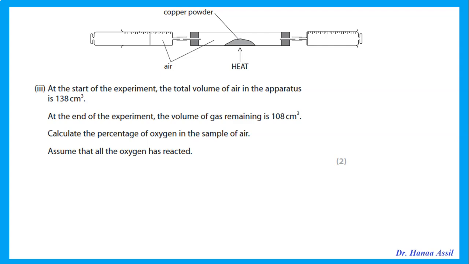That means the amount of oxygen is the difference between the initial volume and the final volume, and to get the percentage we put the difference over the initial times 100. So the 138 minus the 108, that's the volume of oxygen that was used, over the initial volume times 100. This comes out here to 21.7%.